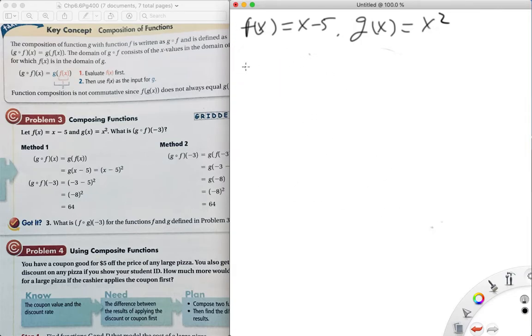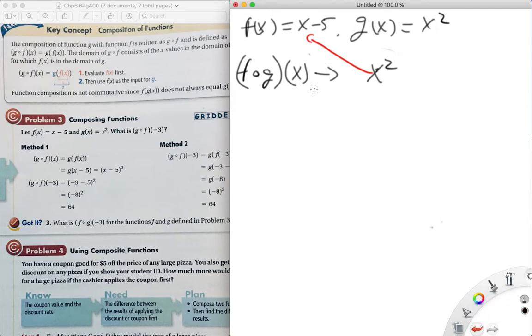Here they ask, what is f of g of x? So that means that whatever is here, this is going to be evaluated first. G of x. G of x is x squared. That's going to be evaluated first. And whatever this is now going to go inside of f of x. X squared is now going to replace x.